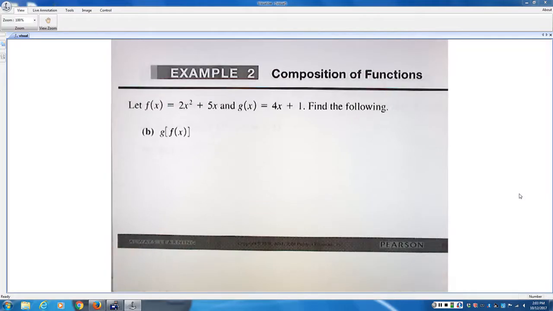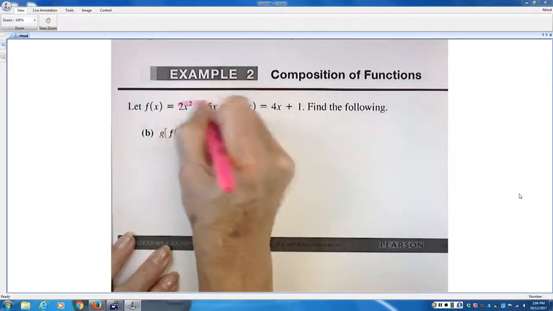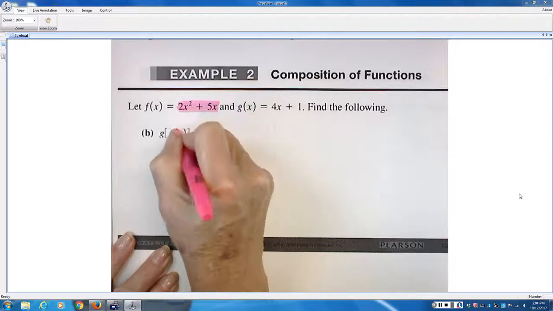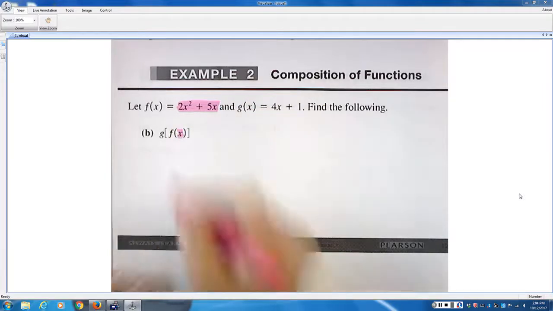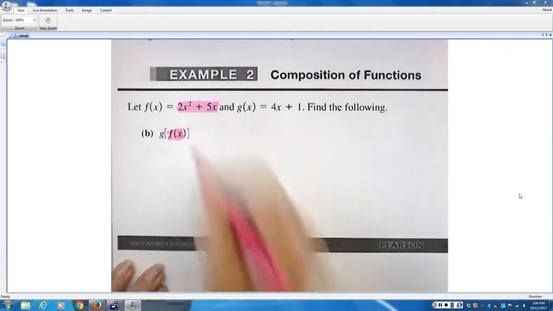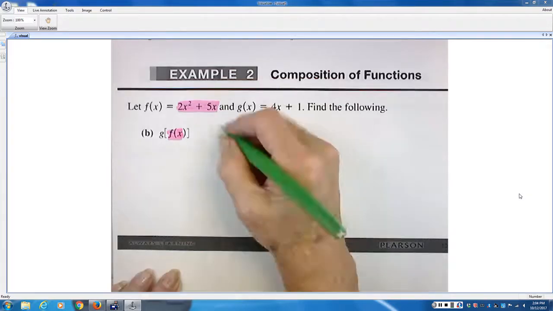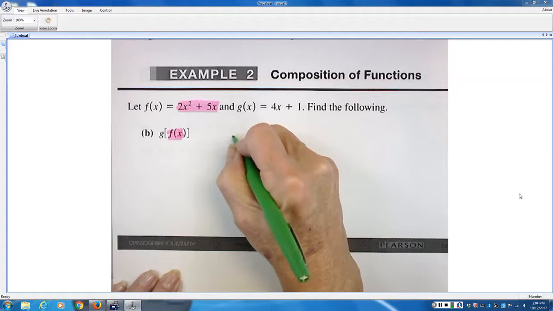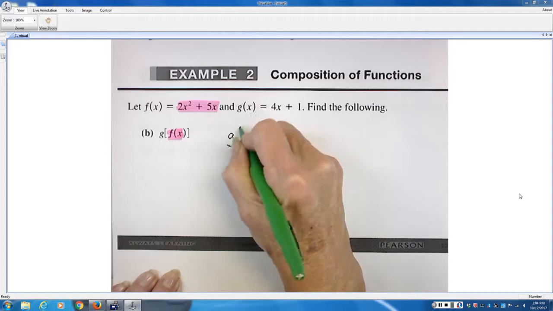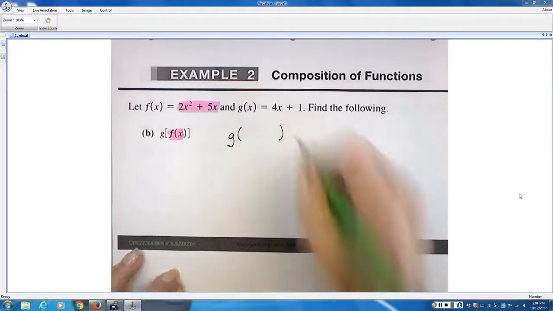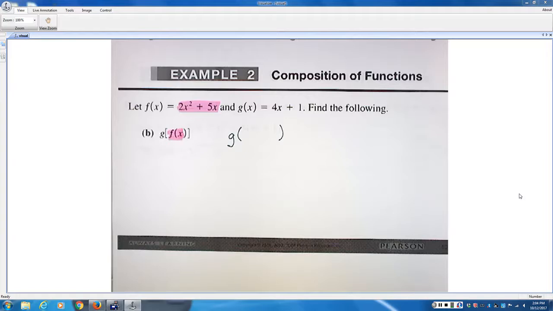And then we have g of f of x. And that means then that the inside function has just changed places. So then when we do g of f of x, that means we take the function g and plug in f of x as the input.